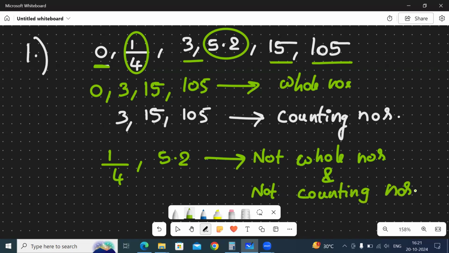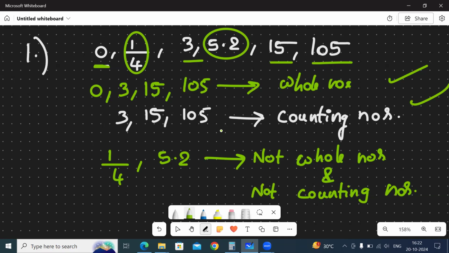They belong to a separate category. We will get back to this concept in later videos. But for now, just focus on classifying these two categories. If any number belongs to the whole number category, you mention it over here, and if it belongs to the counting numbers category, you mention it over here. That's it. So this is an example.